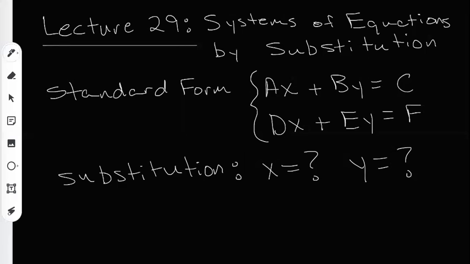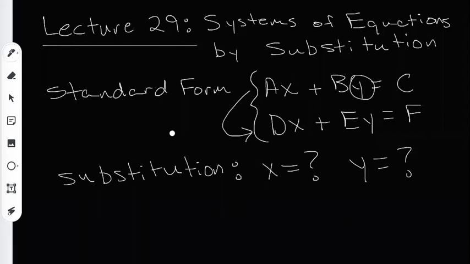And either way, you're going to figure out what x is or what y is, and then you're going to use it to substitute back into the other equation. So for example, if I take this first equation and figure out what y is, I can plug that back into the second equation and then figure out what x is. So we're going to be looking at that today.